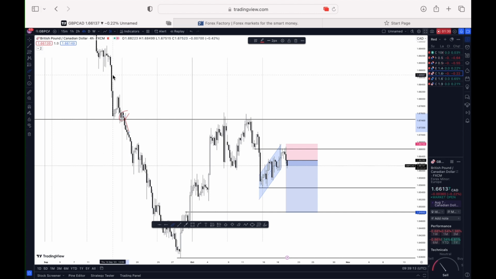As we can see, there was a sharp drop to the downside, and as the market was dropping, it was disrespecting some levels of support, of which this point here was one of the levels that was disrespected in the previous trend. The market disrespected this point by breaking below it, which was previously our support, and now it is acting as our resistance.